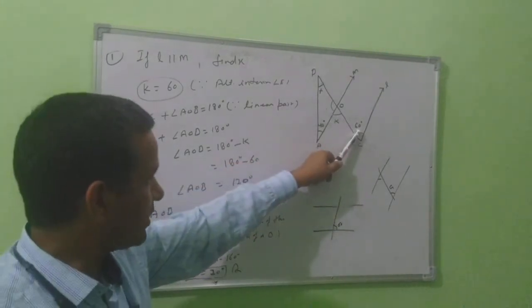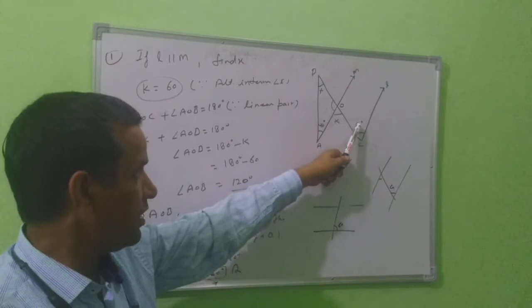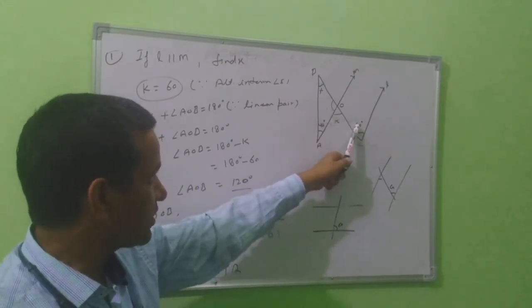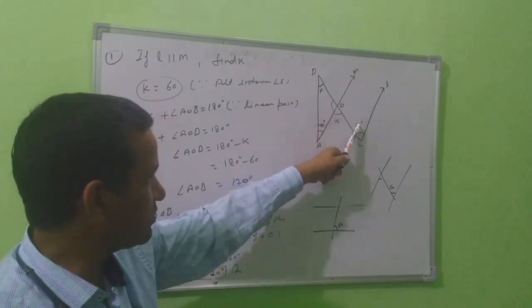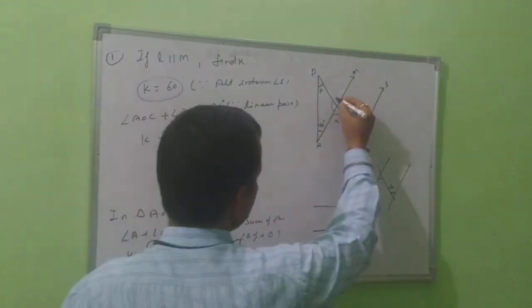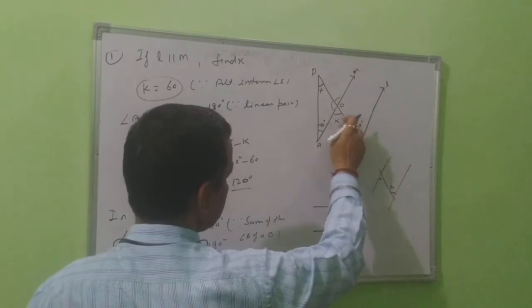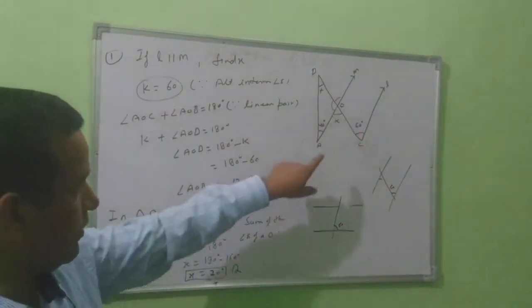First of all, you will take help of the angles, because here 60 degrees is given. This angle is 60 and this angle is also 60. What is the relation between these? This angle is a corresponding angle, and this angle is an alternate angle. So you can use only one track.